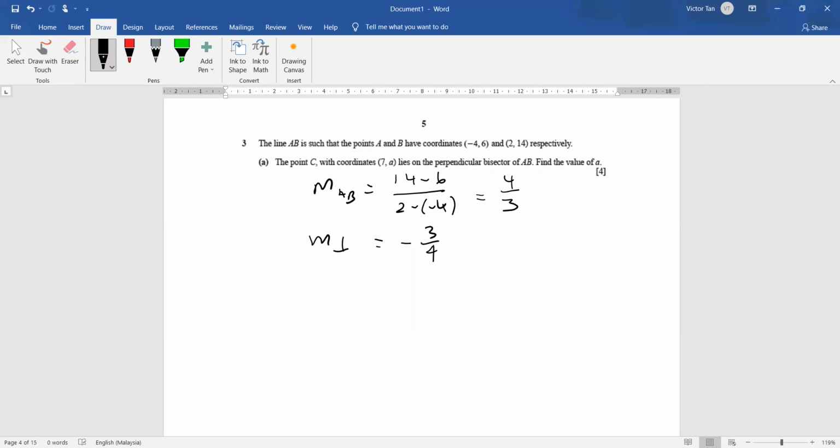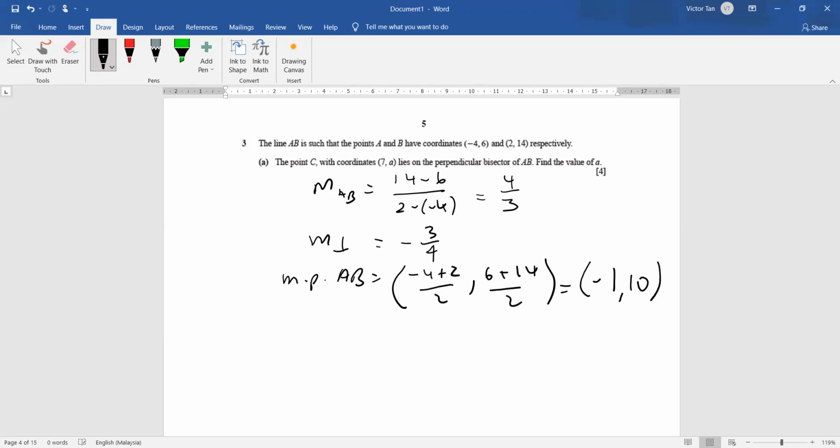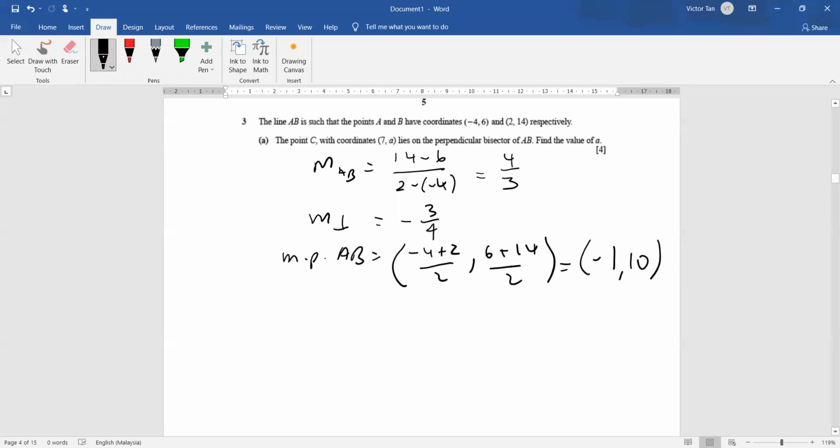Okay, so the midpoint of AB: minus 4 plus 2 over 2, 6 plus 14 over 2. So you get (minus 1, 10). So this is the midpoint. So the gradient of the line through the midpoint, minus 3 over 4, would be 10 minus a over minus 1 minus 7.